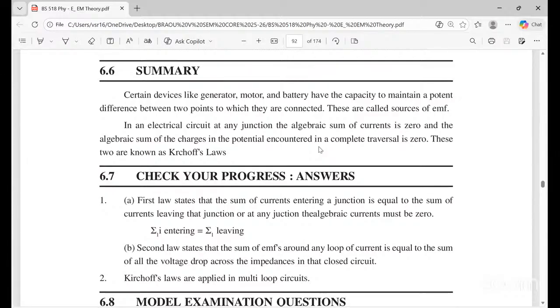Whereas the second law is that the sum of the EMFs around any loop of current is equal to the sum of all voltage drops across the impedances in the closed circuit. So where can we apply these Kirchhoff laws? You can apply these in multi-loop circuits. Okay? Not in single loop circuits. You can easily apply it in multi-loop.